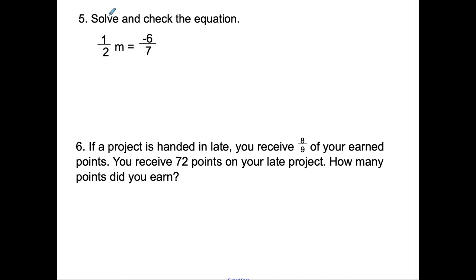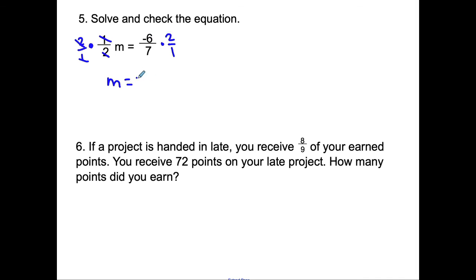Okay, let's check them. This one does say solve and check, so I do need to make sure I write it down. All right, I'm going to multiply by the reciprocal to cancel out my fraction. 2's cancel out, 1's cancel out. I'm left with m. Nothing to cross cancel on this one. 2 and 7, 6 and 1 don't have any common factors besides 1. So I'm going to multiply straight across.